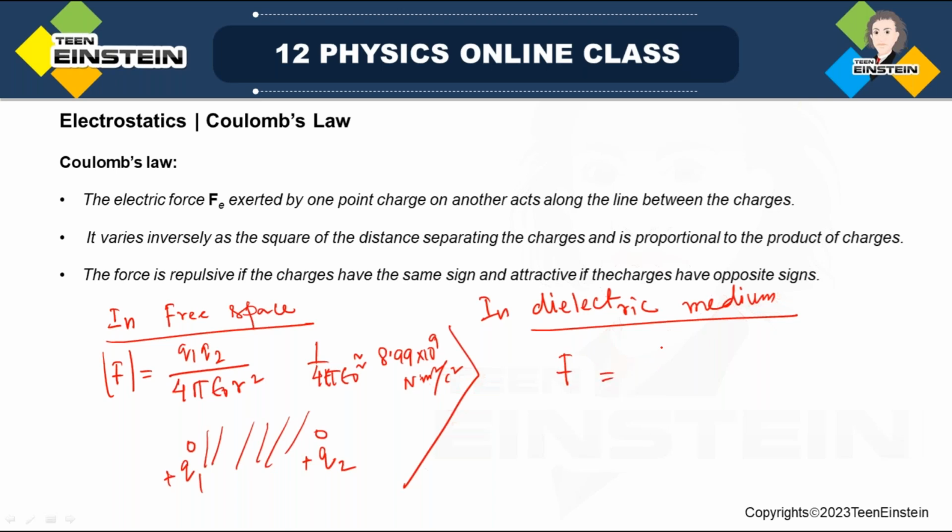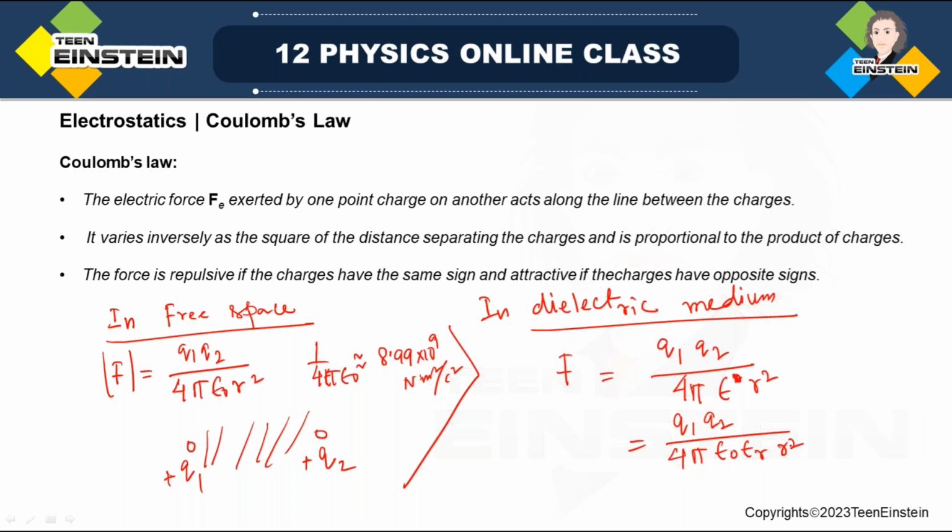This force will be Q1, Q2 by 4 pi epsilon naught epsilon r, r square. Okay, this epsilon r is the relative permittivity, nothing else.